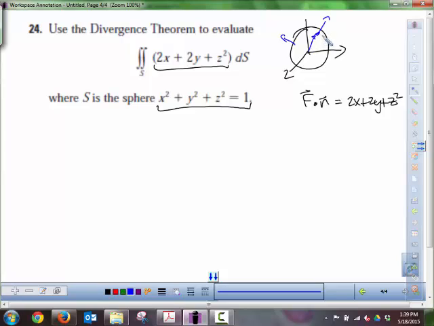So if you're at the point x naught, y naught, z naught, then your normal vector is also going to be x naught, y naught, z naught. So it is going to be x, y, z. And this is already a unit vector, so we know that this is going to be x, y, z. Right? Agree? Yeah.